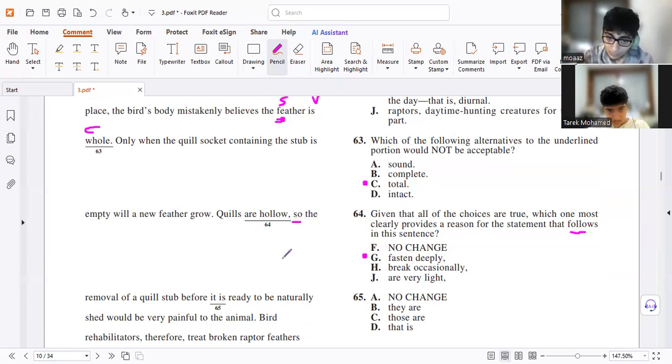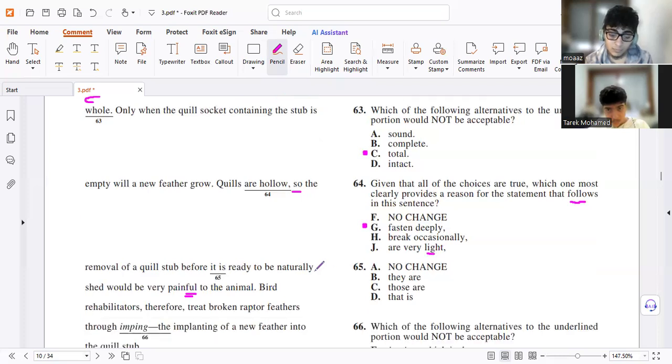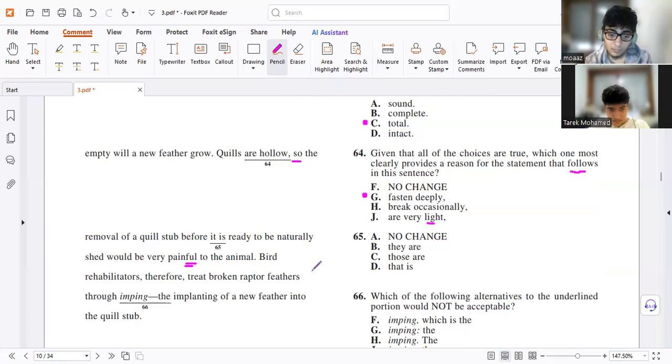So cause and effect relation. The removal of a quill stop before it is ready to be naturally shed would be very painful to the animal. So it must be fastened deeply, to hold it stubbornly. Yes. If you make it hollow, just like it's empty, and the bird will be in danger, right? Right. Next.